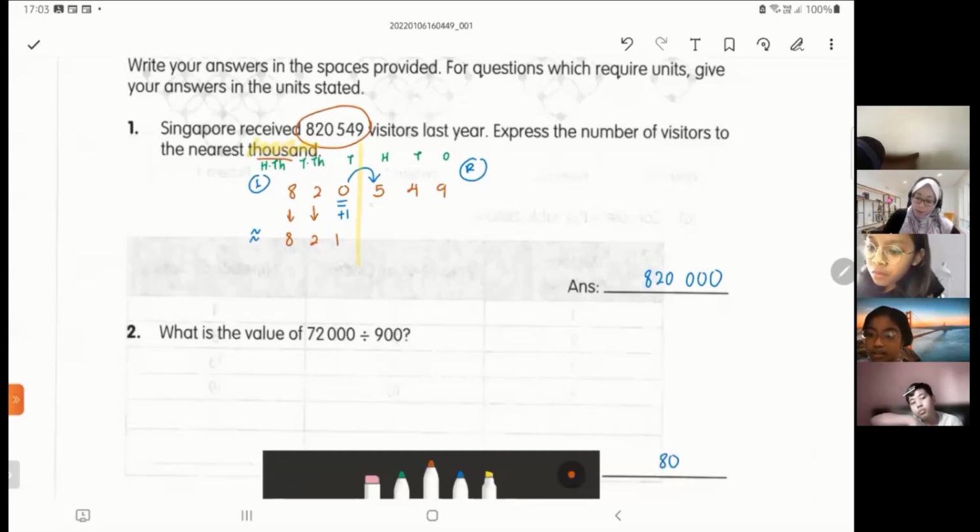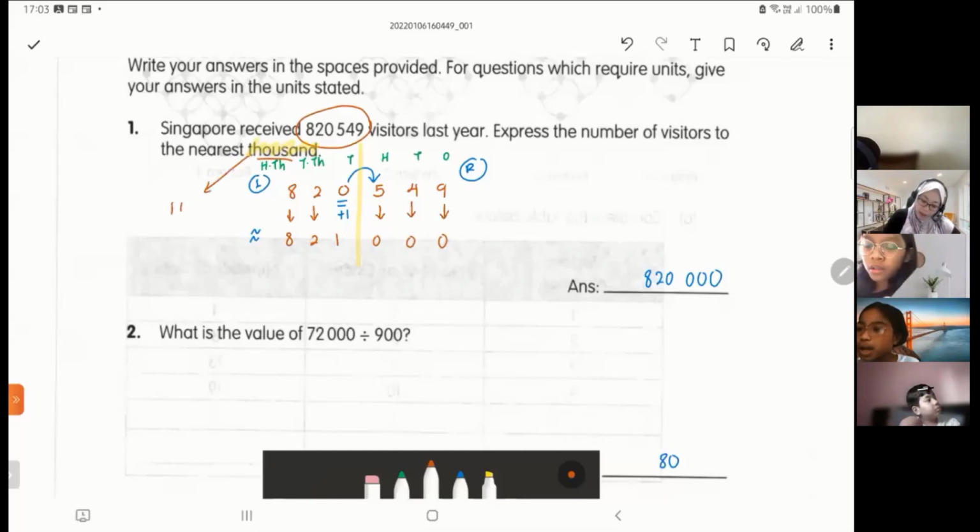Now the rest of them, the ones to the right of the yellow line, will all change to 0, 0, 0. Why is this so? The number 1,000, how many zeros do I have? I have 3 zeros.